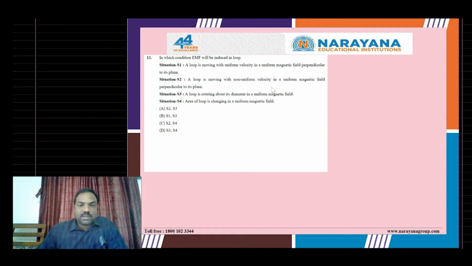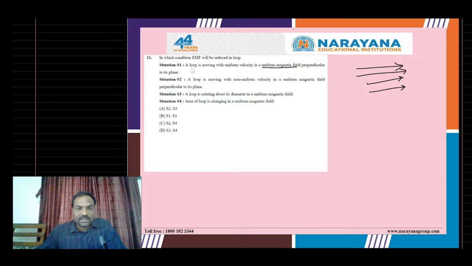In which condition will EMF be induced in the loop? The loop is moving with uniform velocity in a uniform magnetic field perpendicular to its plane. See, by looking at the first situation, you can understand that this is the magnetic field, let us say, and the loop is moving perpendicular to the magnetic field, and it's a uniform magnetic field.